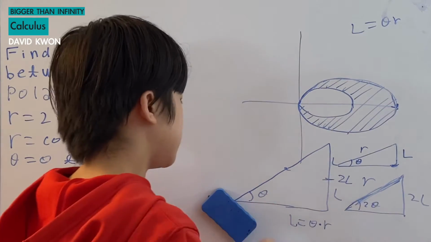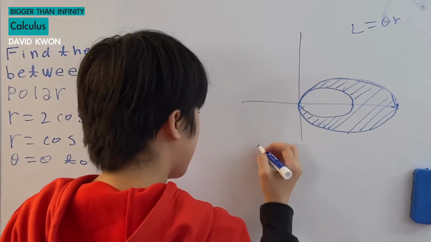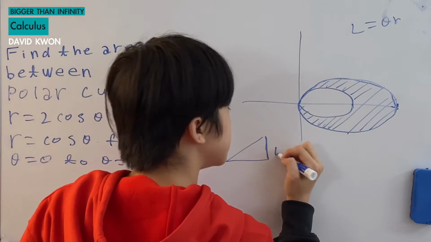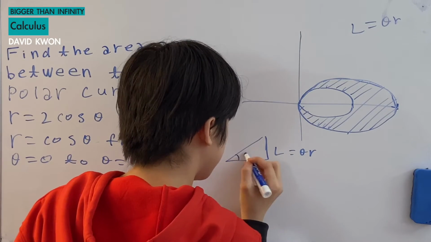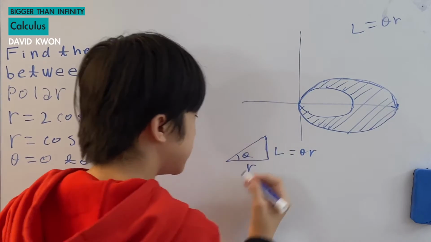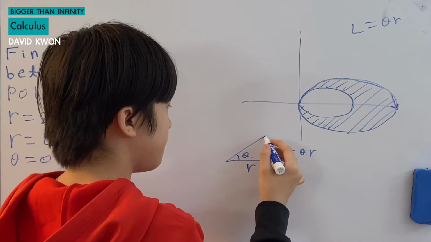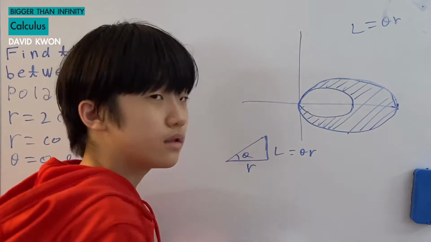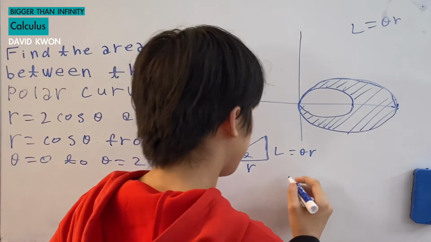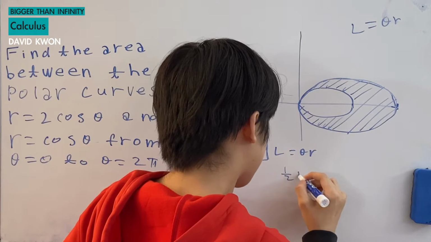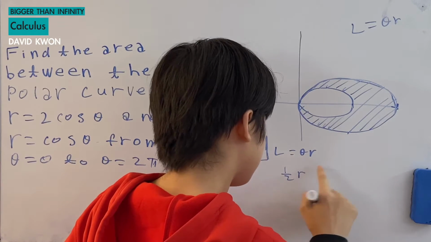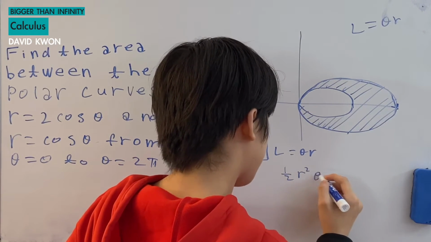When we have a triangle where L is equal to theta times r, with this the theta and this r, what is its area? That is base times height times 1 over 2, which is 1 over 2 r squared theta.